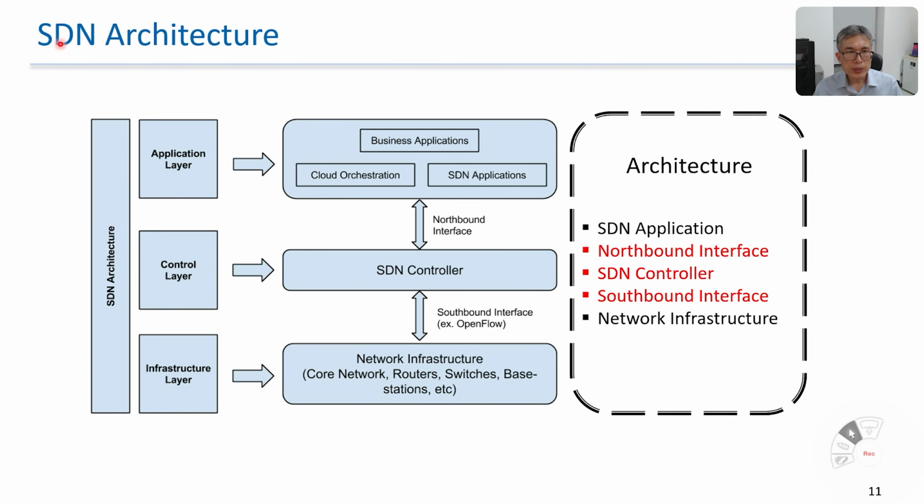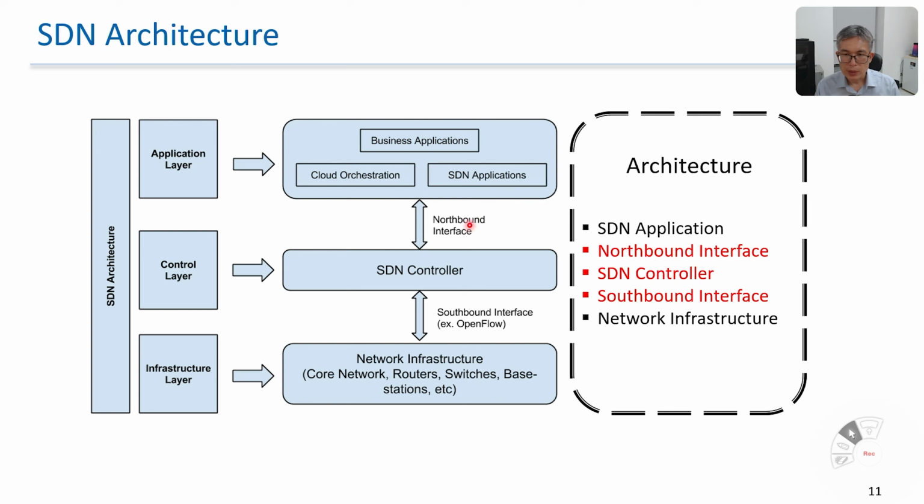This figure shows the SDN architecture. The SDN architecture consists of three layers: infrastructure layer, control layer, and application layer. The infrastructure is network infrastructure like the core network, routers, switches, and base stations in cellular networks. In the middle, there is the SDN controller. At the top, there are applications like business applications, cloud orchestration, and SDN applications. Applications and the SDN controller communicate with the northbound interface.